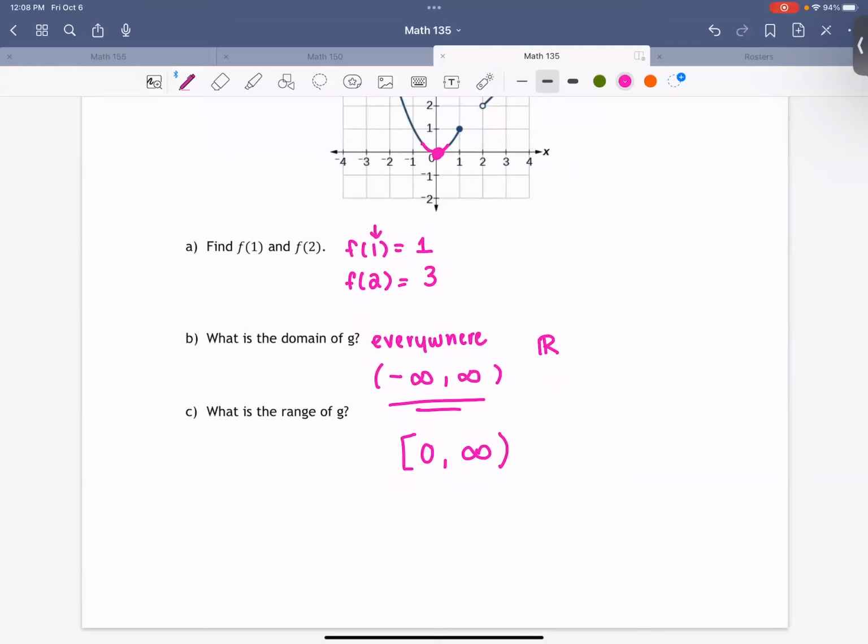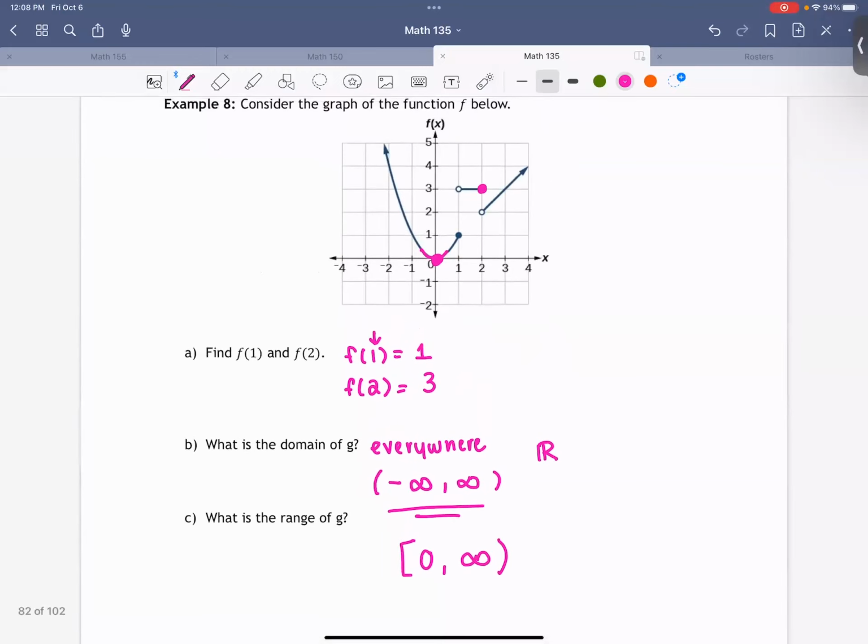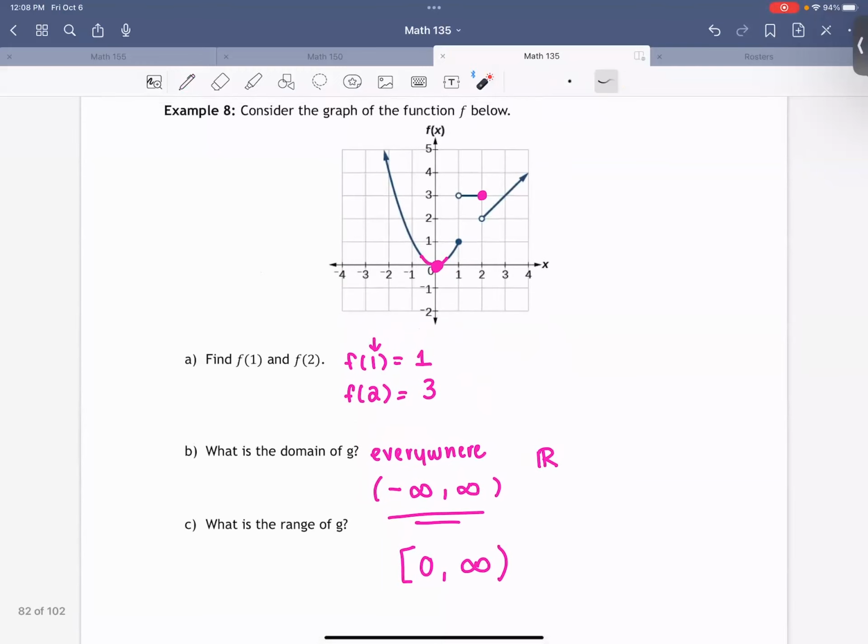Yeah. Or the domain, would you have to break it up? Like, would you have to go negative infinity to 1, and then 1 to 2? You would have to break it up if this was an open circle, right? But the graph does exist at x equals 1. So you don't actually have to break it up, right?